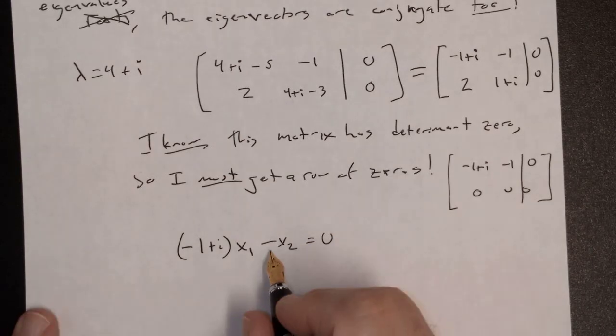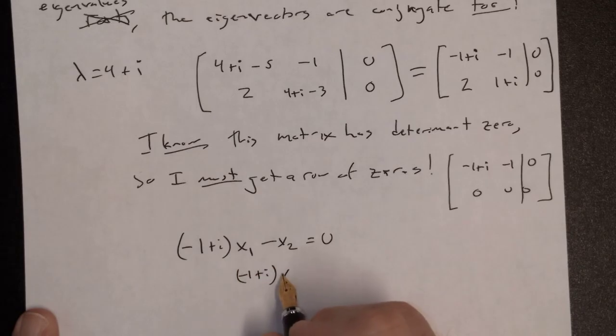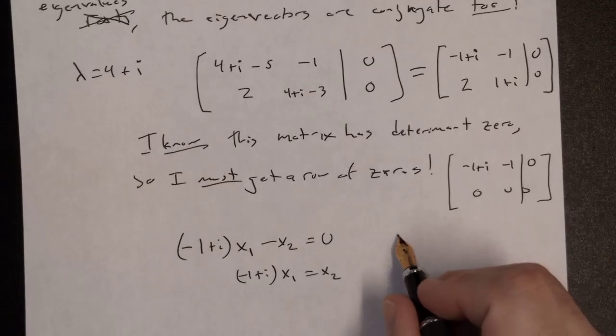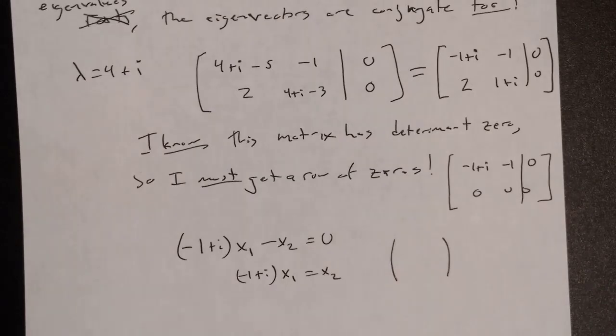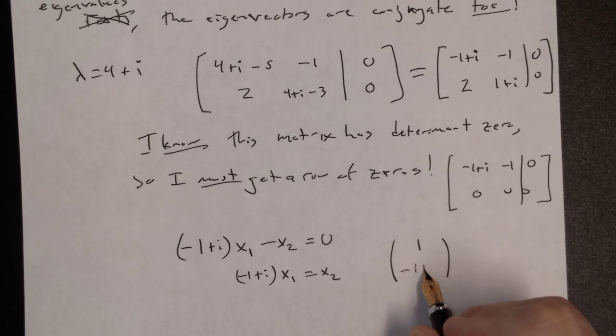Or I can move that over, and I can say minus 1 plus i times x1 is equal to x2, right? So let me make my life easy and write you a vector that I know is going to work. I'm going to let x1 be 1. What's x2? Ta-da!